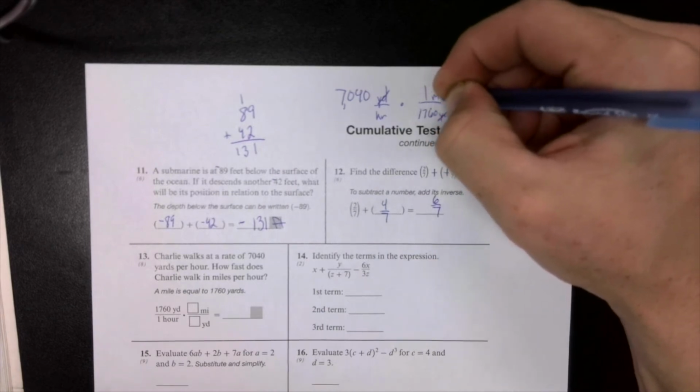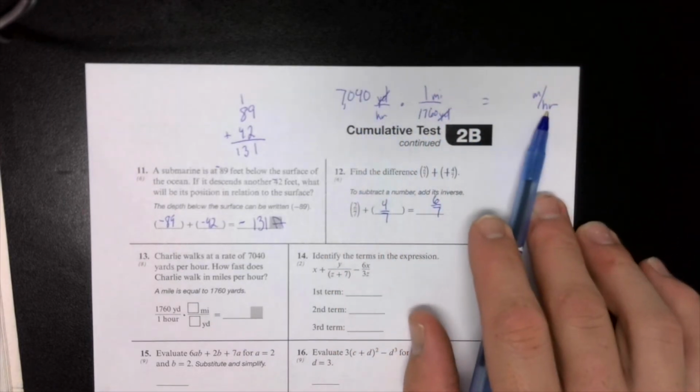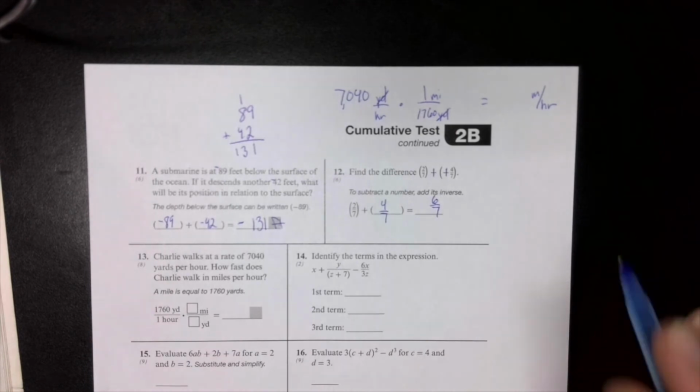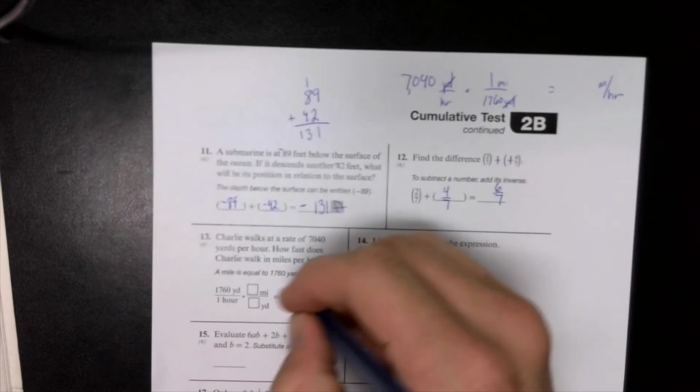That way, when you've multiplied this out, in the numerator you would have miles, in the denominator you would have hours as your two conversions. Now you've got 7,040 divided by 1,760. That gives you a total of 4 miles.